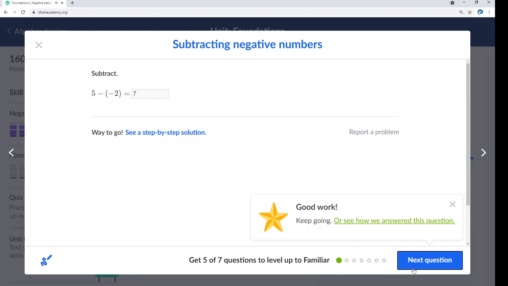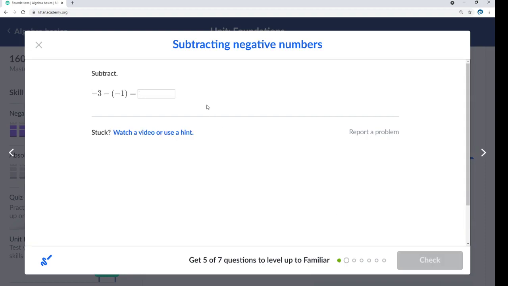Oh, thank the Lord. Oh my goodness. It's because, yeah, you take this stick, you take that stick, and you just turn them into a plus sign. I knew that. Totally knew that. Okay, so here we go. Now, there's a lot of negatives in this one.